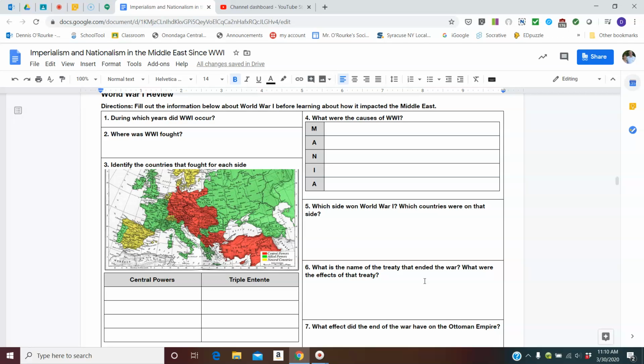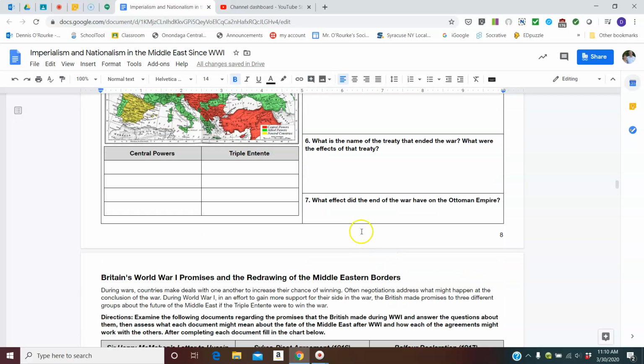It punished Germany. It broke up and took away the lands of the Austrian Empire, and also the non-Turkish lands of the Ottoman Empire. So the effect of the war basically on the Ottoman Empire is it collapsed, and they lost all of their non-Turkish territories.